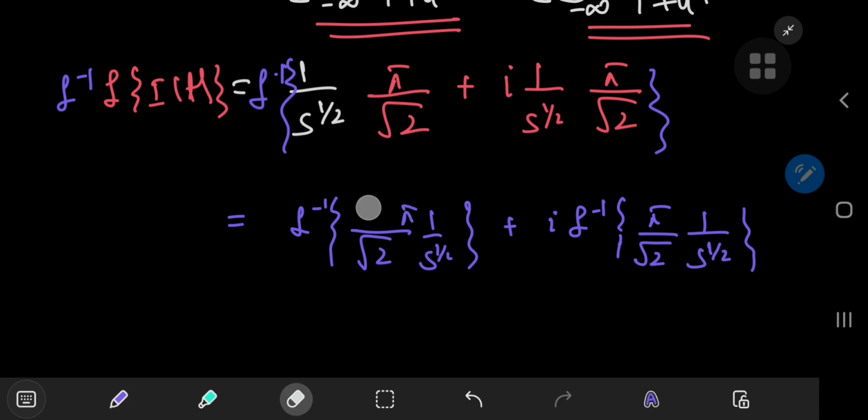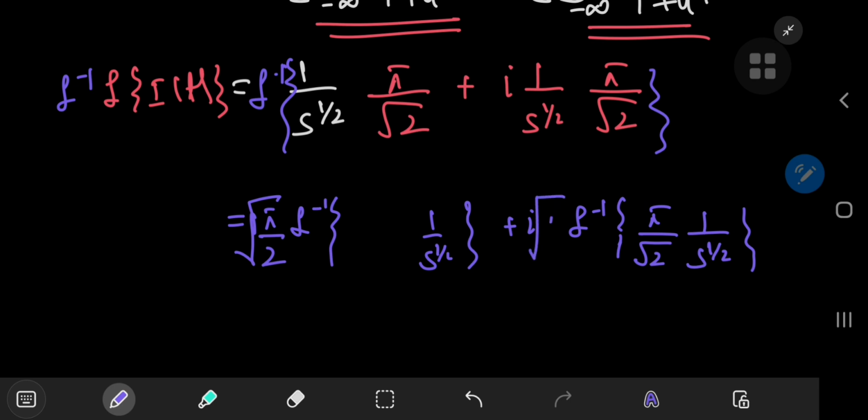Now for some manipulation, you can write pi as the square root of pi times the square root of pi, right? So what I'm going to do here is take square root of pi outside along with this 1 by 2 factor. So outside each inverse Laplace operation, you have a constant multiple of square root pi by 2, correct?